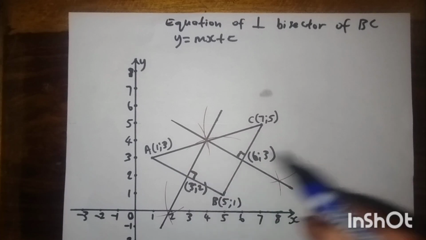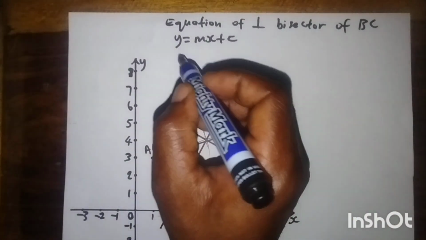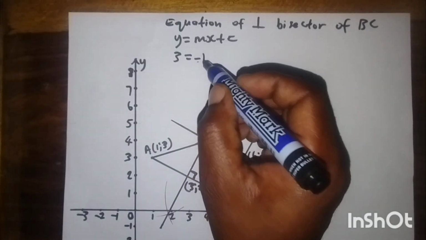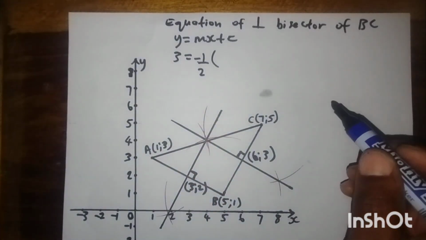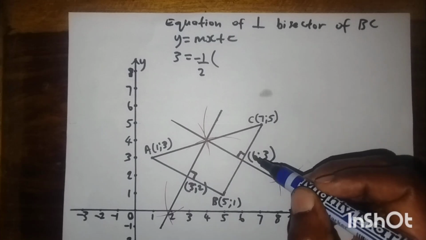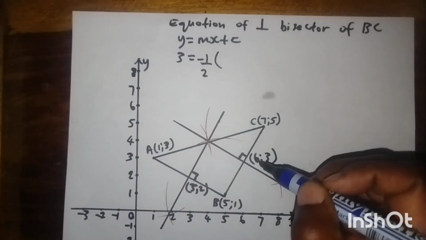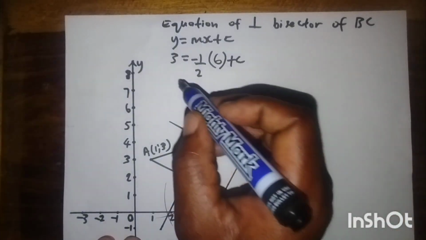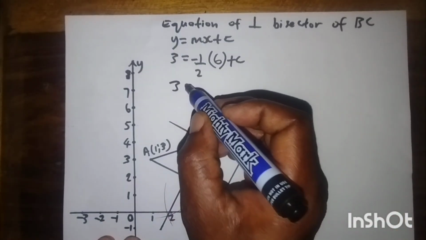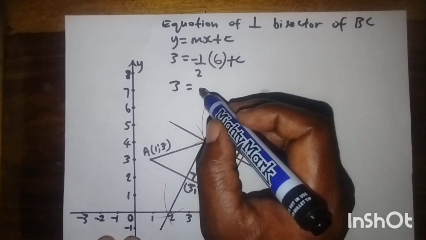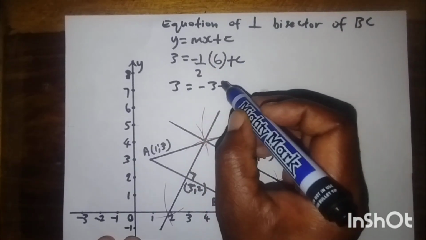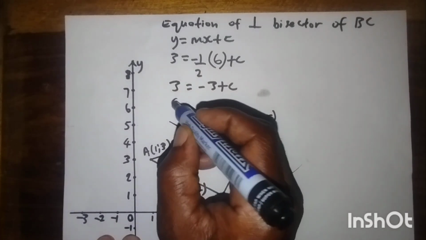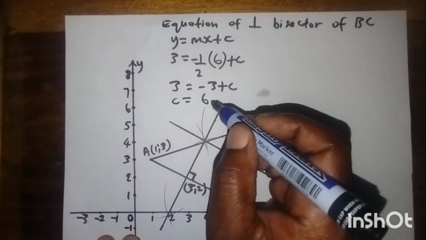So I'm substituting 3 for y, negative half for m, and 6 for x, plus c. So 3 equals minus 3 plus c. So c, the y-intercept, equals 6, which is somewhere here.